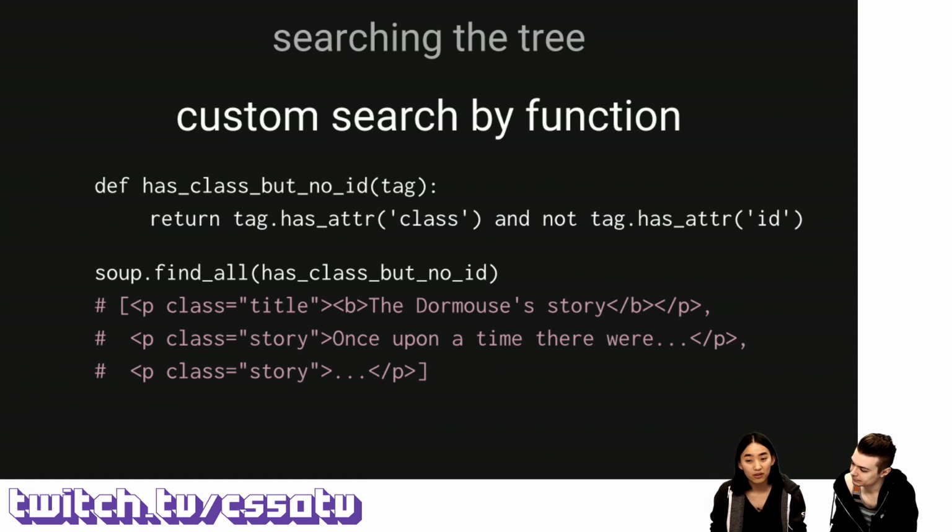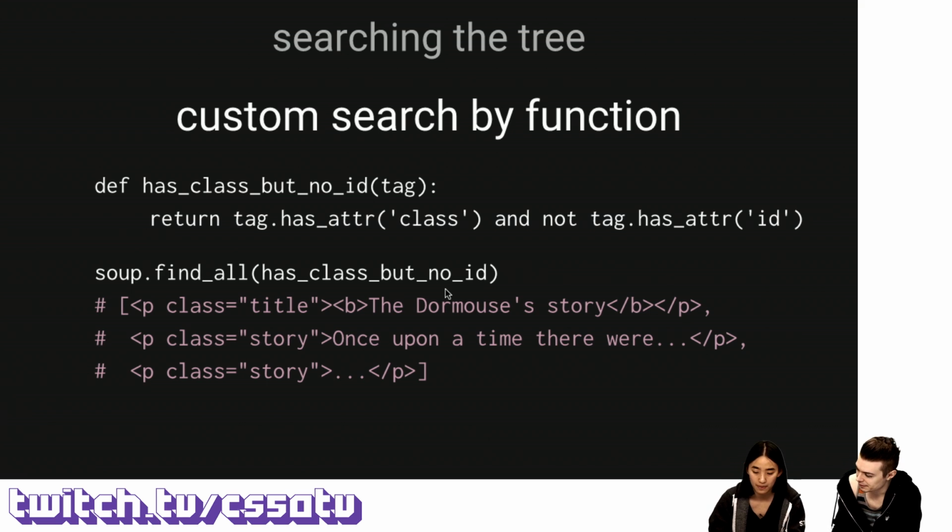So you can actually create your own function using the functions in BeautifulSoup, but using some logic to make it more complicated. This function is called hasClass but no ID. Basically, I want items that have a class but no ID. These are BeautifulSoup functions here, using some logic, and now I can use my custom function to actually search for things.